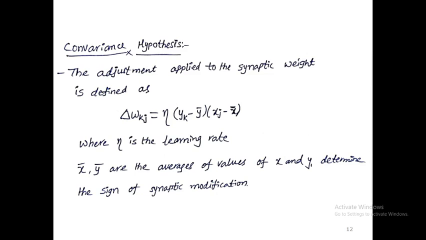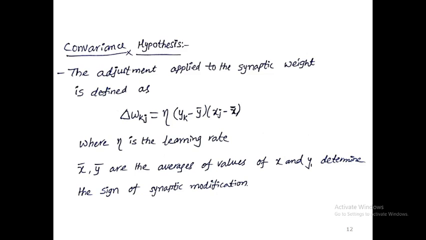Let me read it again: delta Wkj is equal to eta into Yk of n minus y bar into Xj of n minus x bar. Let us take 10 iterations: Yk of 1 has one value, Yk of 2 another value, Yk of 3 another, and so on up to Yk of 10. The average of all those values is y bar.